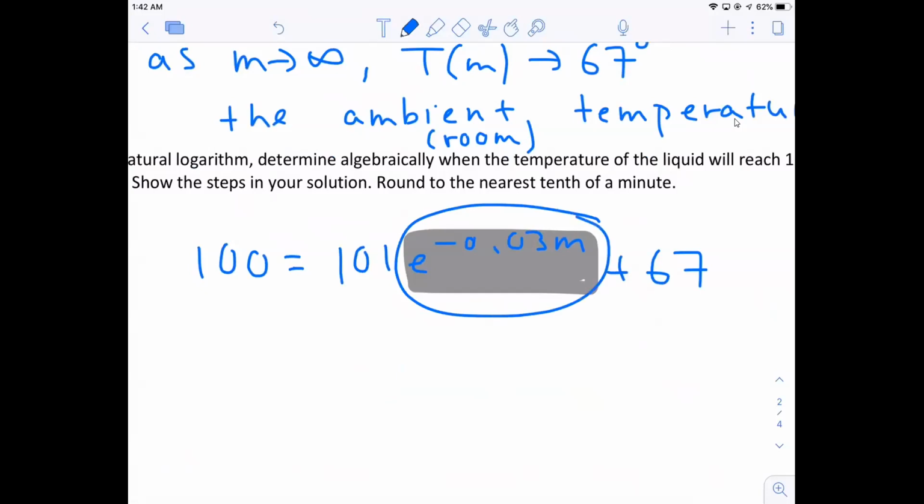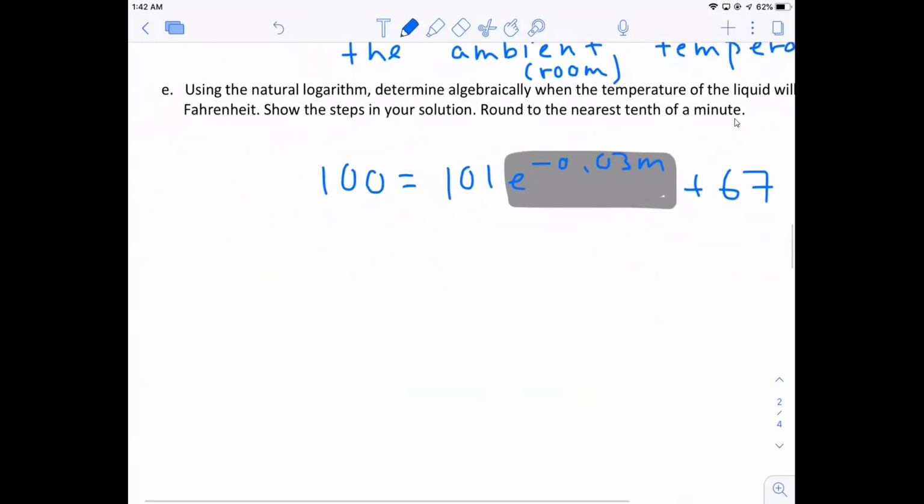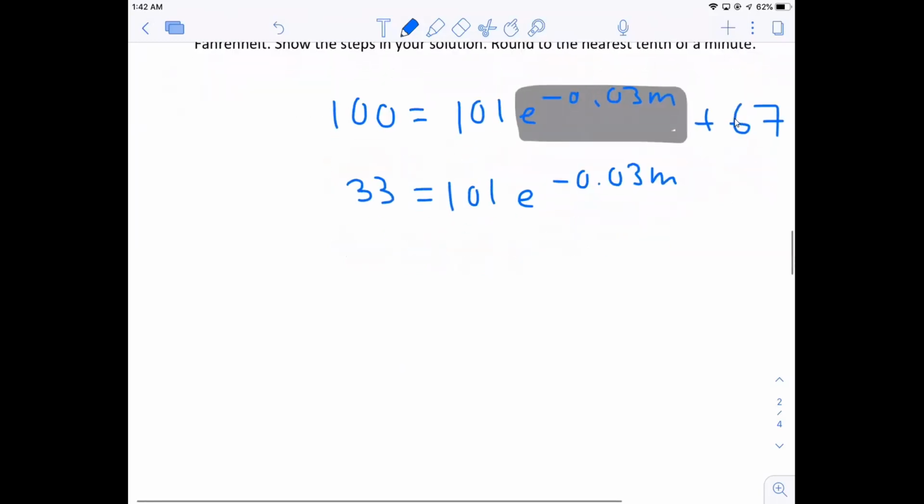Then we can take the log of both sides, or we can change it into logarithmic form to solve this equation. So subtracting 67 from both sides, I get 33 equals 101 e to the negative 0.03 m. Divide both sides by 101. I get 33 over 101 equals e to the negative 0.03 m.